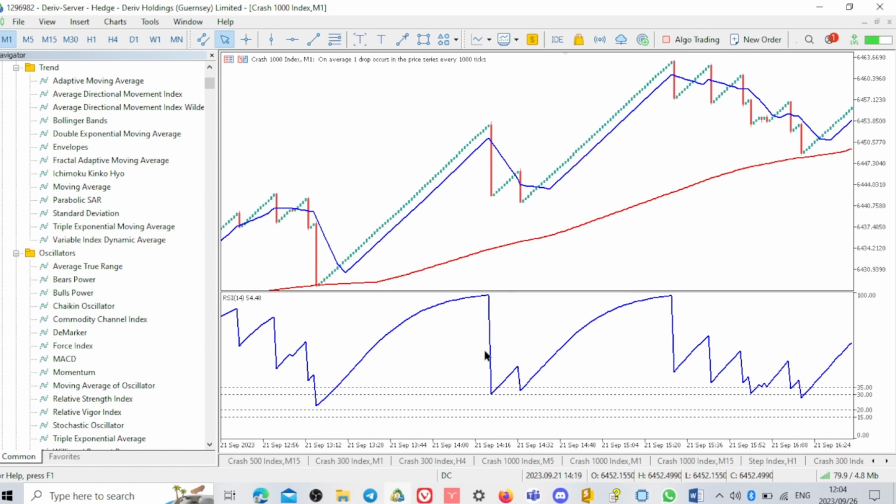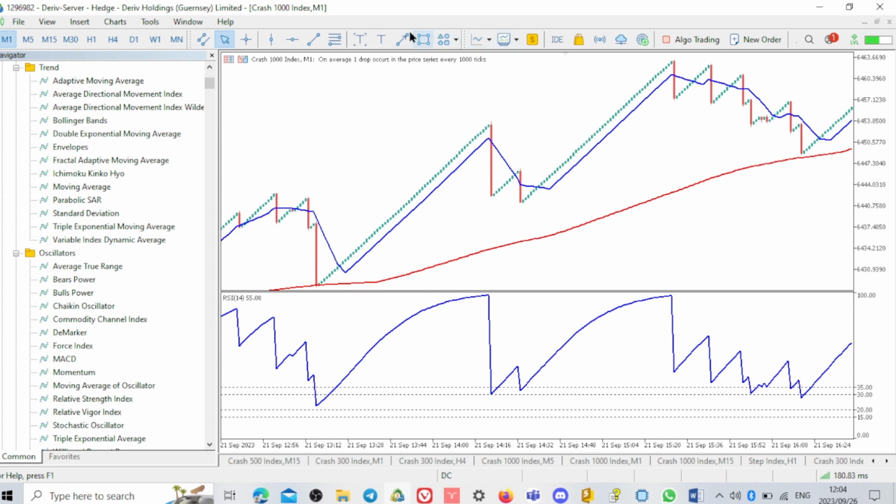So let's look at how we can trade using this strategy in Crash 1000. I've tested it in Crash 1000 and the results were amazing. There are two buying scenarios. The first scenario is that we want to buy Crash when it's above this red line, which is our 200 exponential moving average.